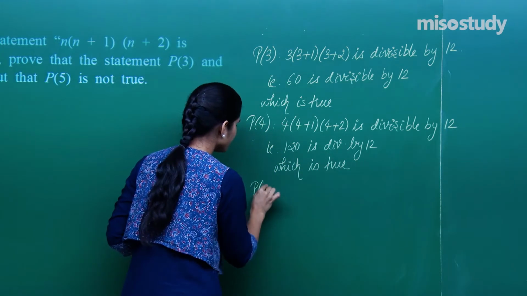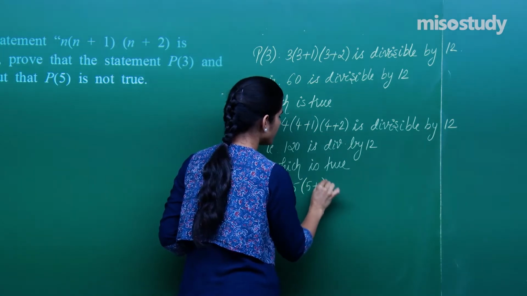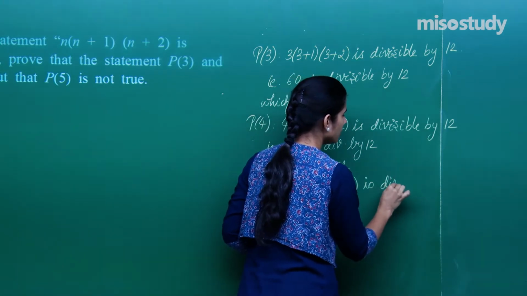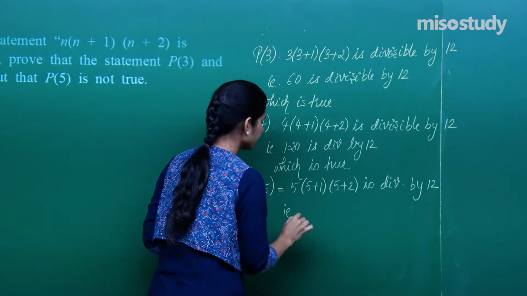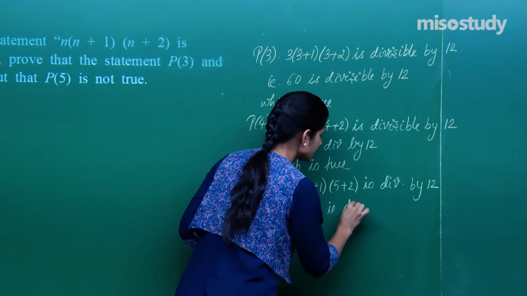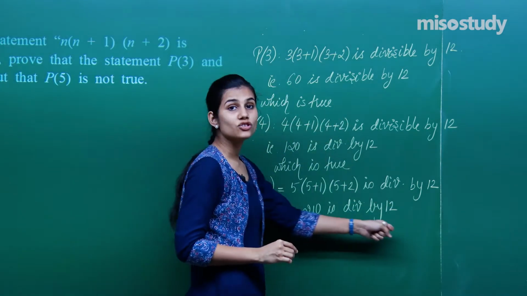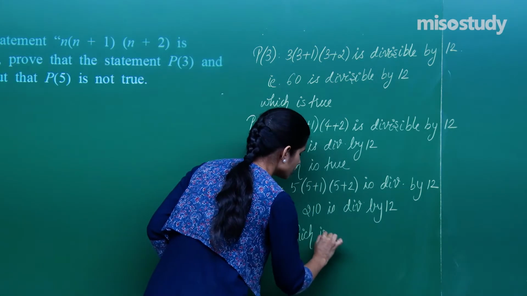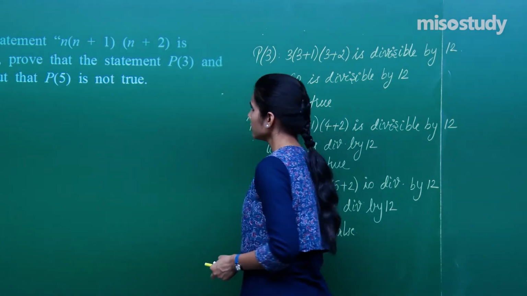But if I talk about P5, what do you get? 5 into 5 plus 1 into 5 plus 2 is divisible by 12. That is, this is going to give you 210 is divisible by 12. Clearly 210 is not divisible by 12. So this is false. So based upon statements, you can get questions like these in your paper, okay?